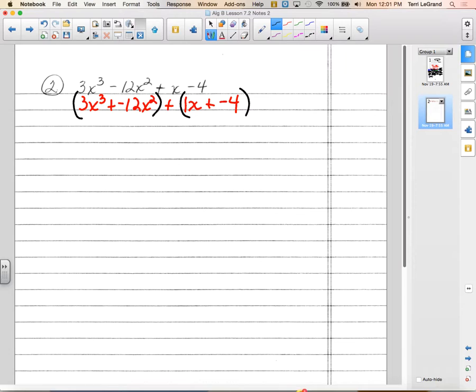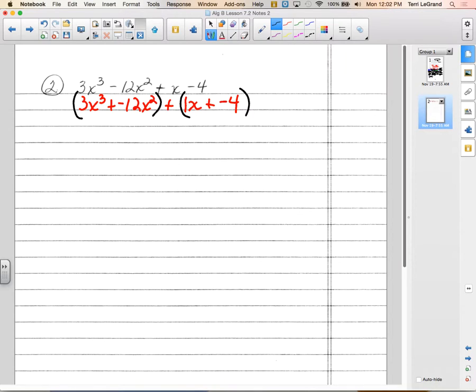Okay, so just for a temporary bit, these two groups are going to work independent of each other, but then they're going to come back together. They're going to say, what do we have in common that can be divided out of both of us that will become the GCF of the whole? Because that's really what we're looking for right now. We're really looking for the GCF of the whole 4-term polynomial.